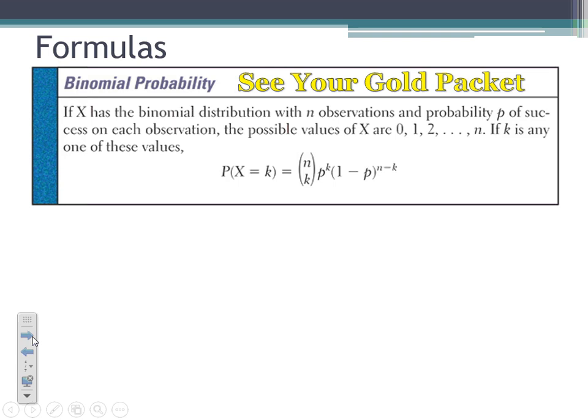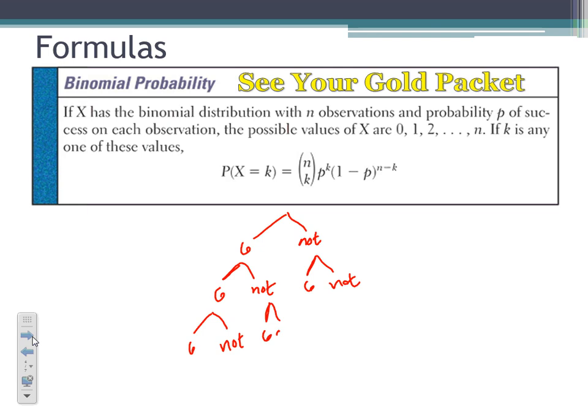Well, we know that there are only two outcomes in that setting, right? You either roll a 6 or you don't. So if I tree diagram this out, all right? So let's say we got a 6, not a 6, all right? 6, not a 6. 6, not a 6. And 6, and not.